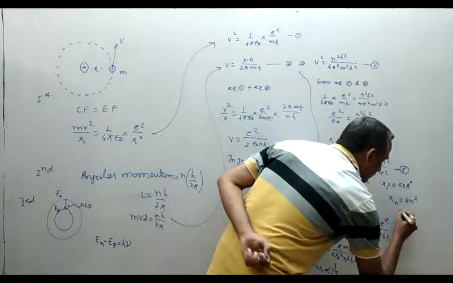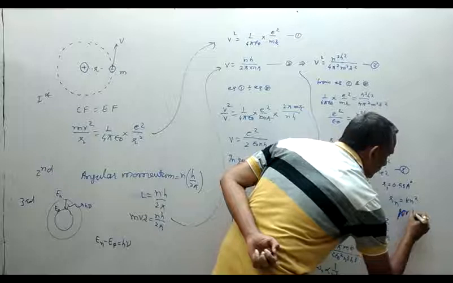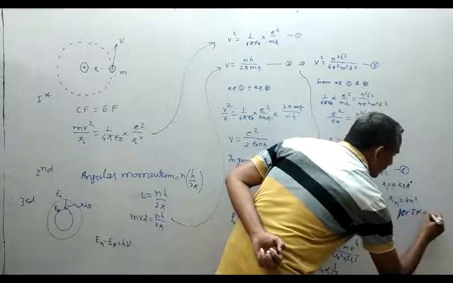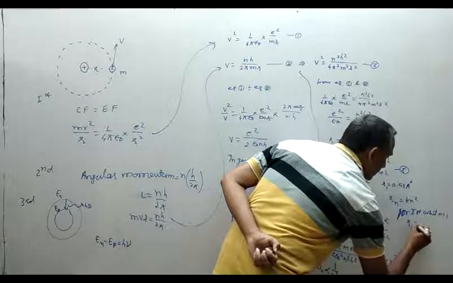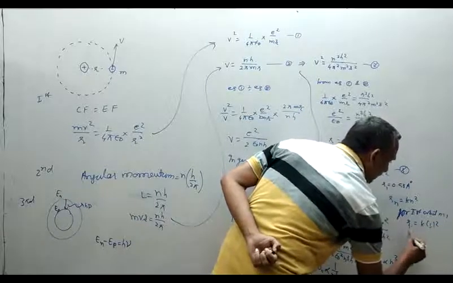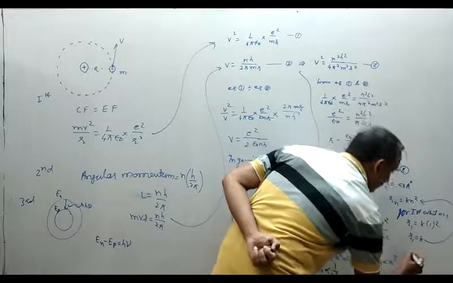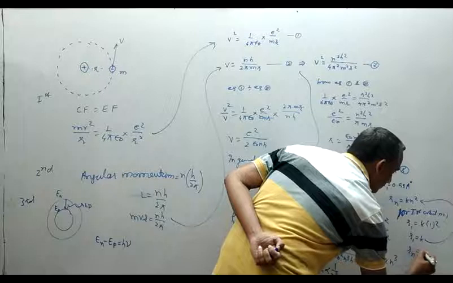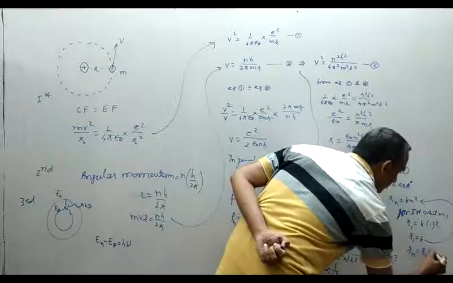For the first orbit, n is equal to 1. Therefore r1 is equal to k into 1 square, so r1 is equal to k. Put this value here. Therefore rn is equal to r1 into n square.